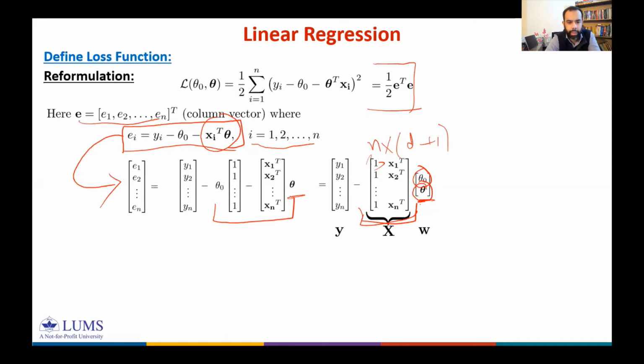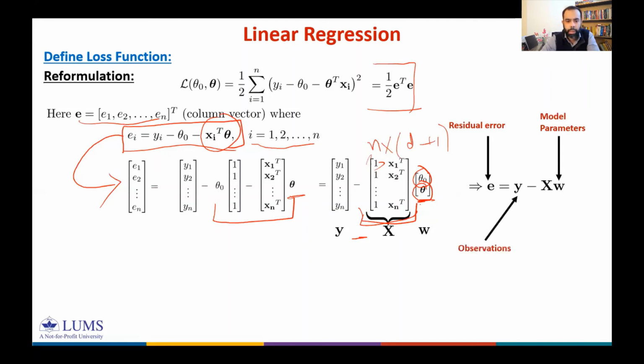Okay, with this vector and matrix notation, I can write my error, right? So error is y minus xw. How do you interpret this equation? What is E here? It's a residual error. What is W? The parameters of the model we want to find. Y, your observations.